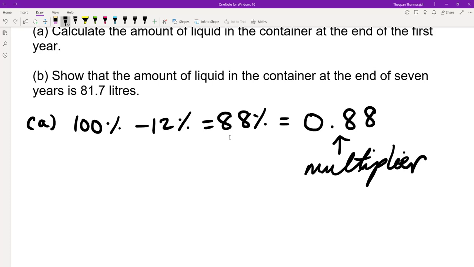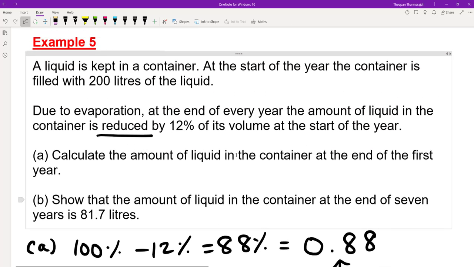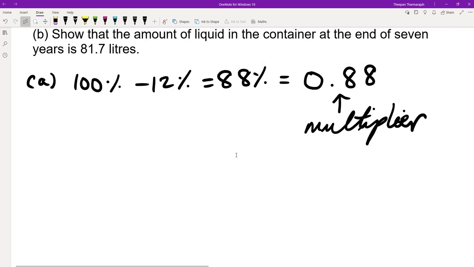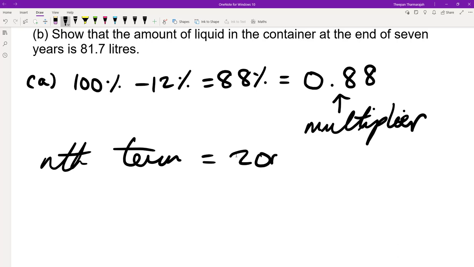Now that we've got our multiplier, we can say, right, we know initially we had 200 litres of liquid. So we're going to say that the nth term is going to be 200 times by the multiplier, which is 0.88 raised to the power of n.